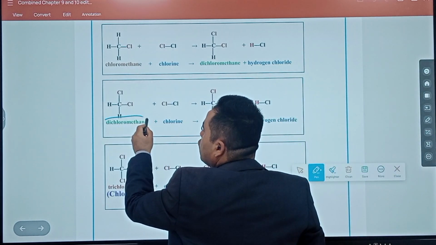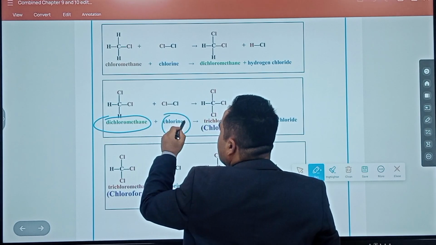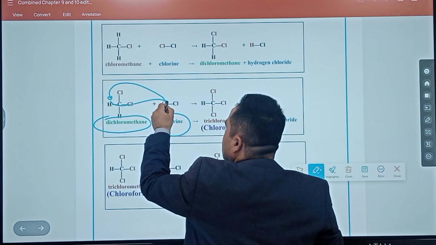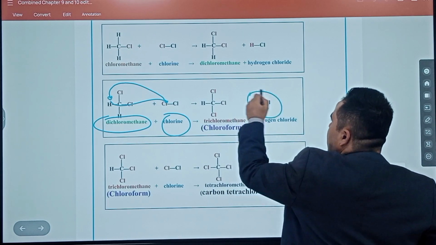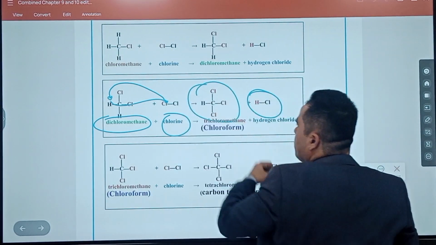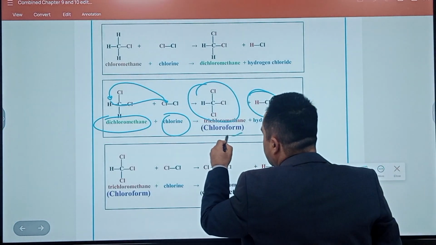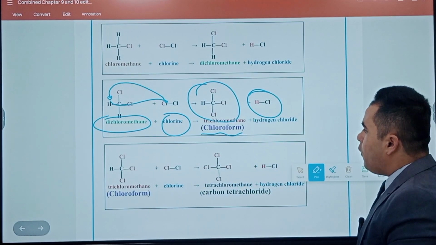We have dichloromethane with chlorine. A chlorine is going to replace another hydrogen, and the hydrogen goes to the Cl to form HCl, and here we form trichloromethane, which is the common name of chloroform.